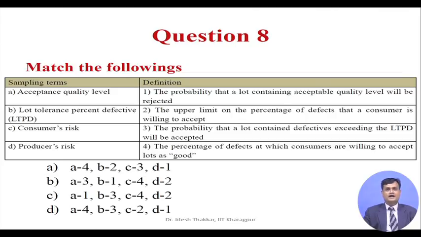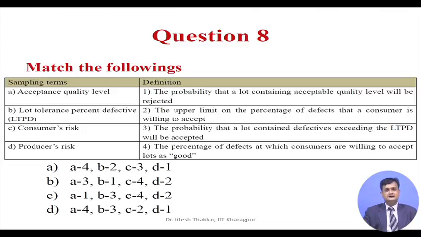One, the probability that a lot containing acceptable quality level will be rejected. Two, the upper limit on the percentage of defects that a consumer is willing to accept. Three, the probability that a lot containing defectives exceeding the LTPD will be accepted. And four, the percentage of defects at which consumers are willing to accept a lot as good.